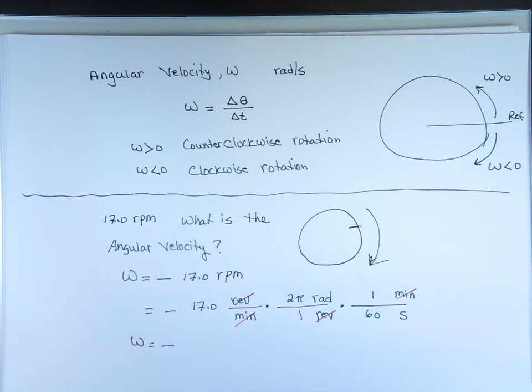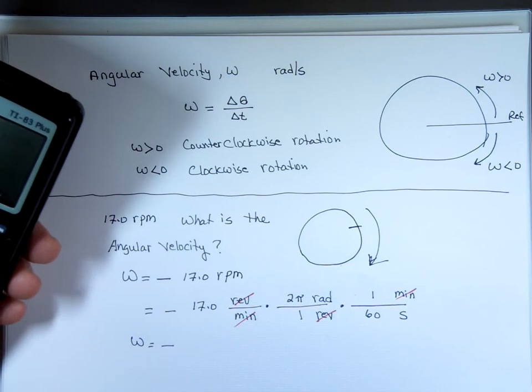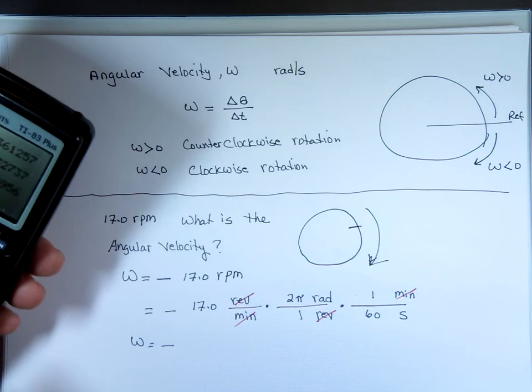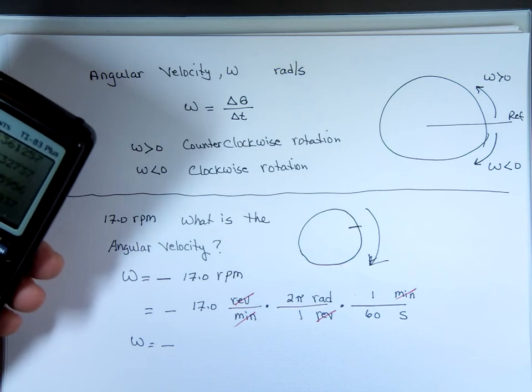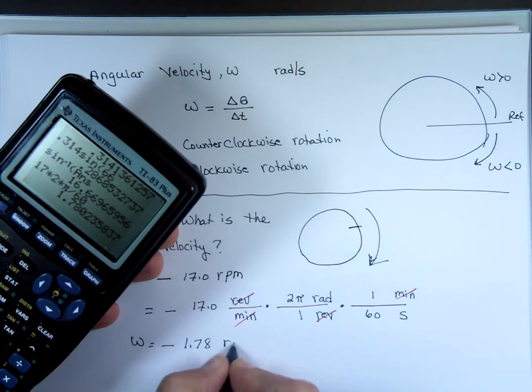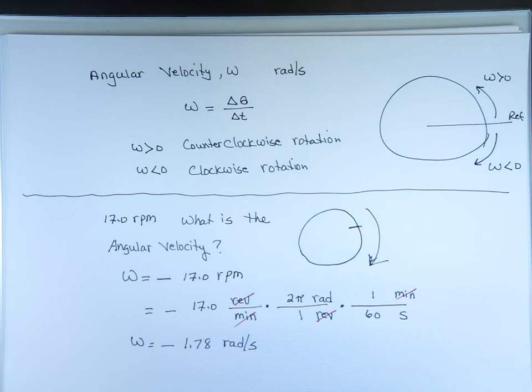Negative 17 times 2 pi divided by 60, and I got negative 1.78 rad per second. Why is it negative? Because of the direction, clockwise. That's what the negative is.